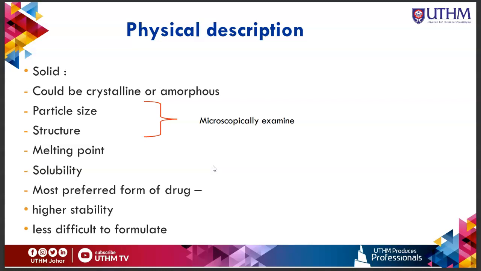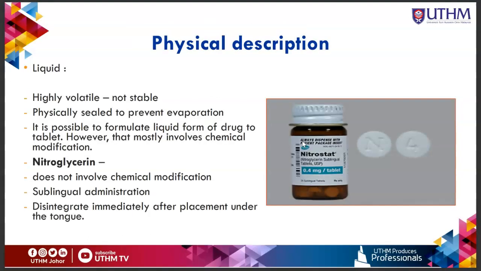So usually when we examine the physical appearance, we get the initial assessment of the drug substance. Any abnormalities or unexpected changes in appearance can signal potential issues with the synthesis or the storage of the product.